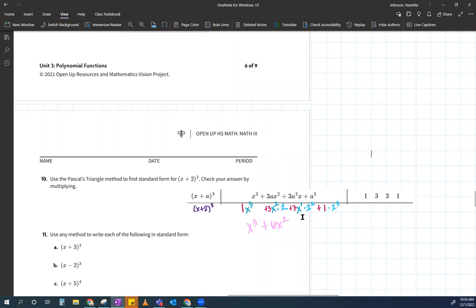So this is plus 12x. And 1 times 2 cubed is 2 times 2 times 2, which is 8. So this is just 8. Some of you are like, hey, but Ms. Johnson, your coefficients are no longer there. You're right, because we evaluated the A term: A to the 0, A to the first, A squared, and A cubed.